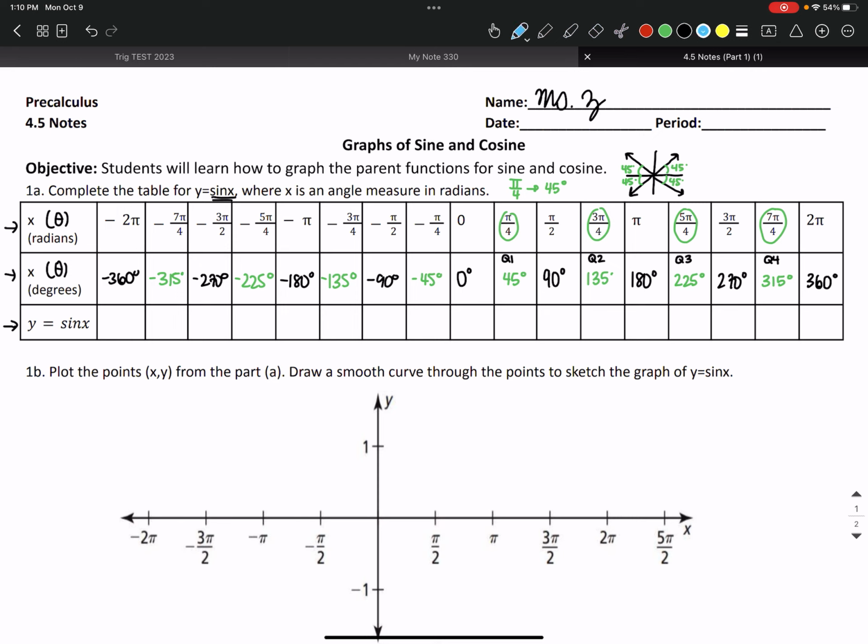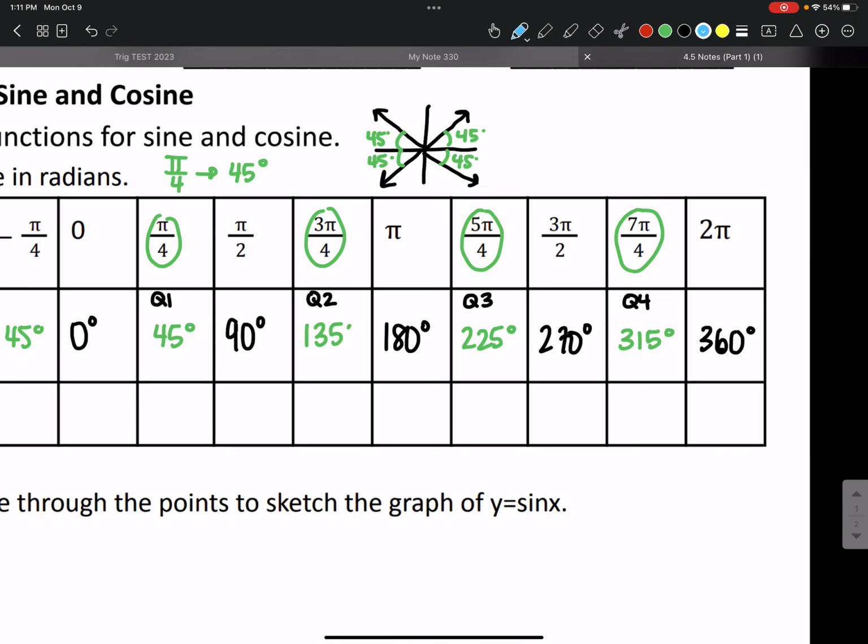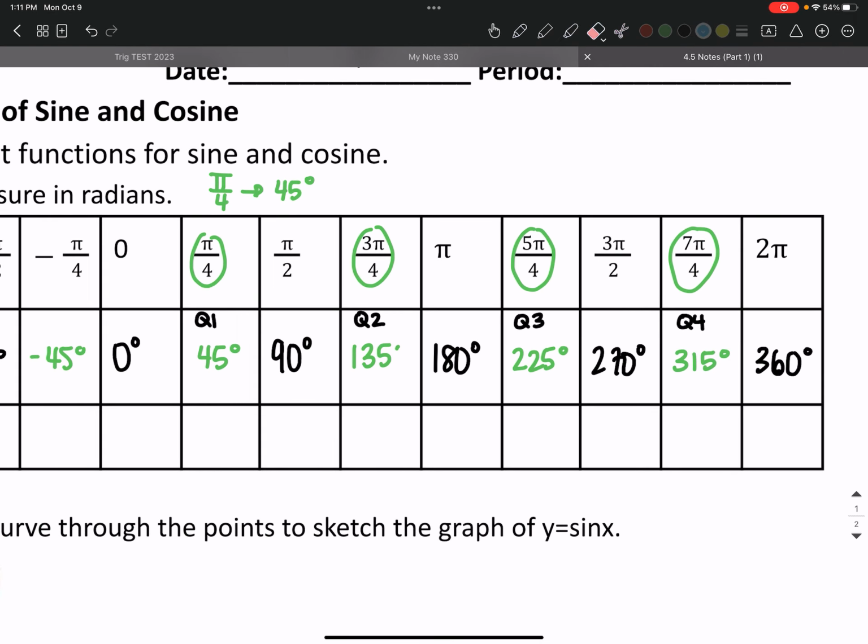So the first thing I'm going to do is find what my ratios are when I plug these angles into my sine function. And I'm going to do the ones that start and end each quadrant because those are easier. So if I'm doing 0 degrees or 0 radians, I'm at the point 1, 0, and I want to look for my sine of theta, which would be my y value in those points that come from the unit circle.